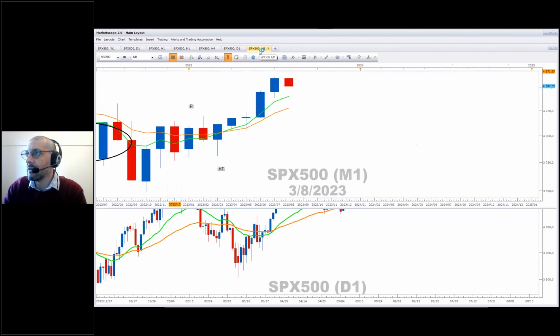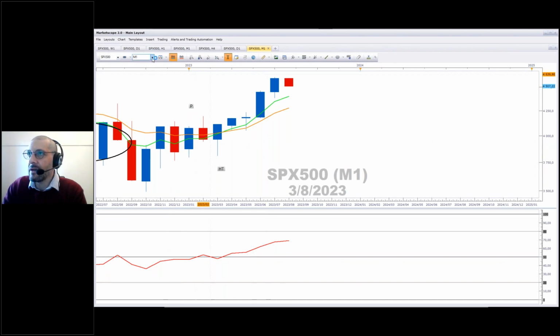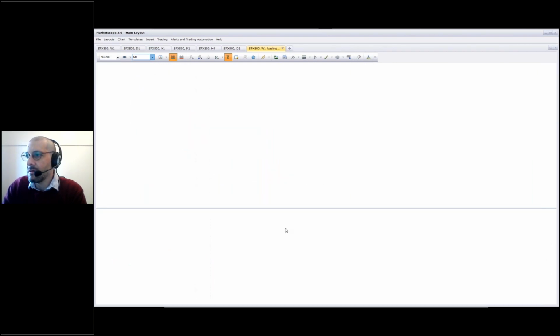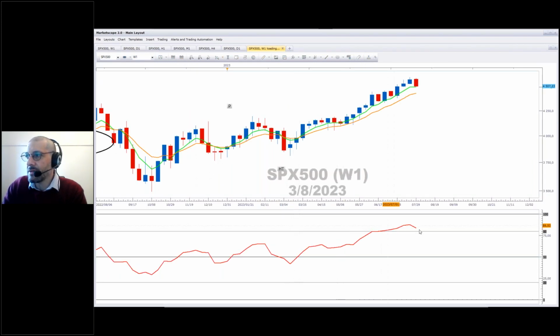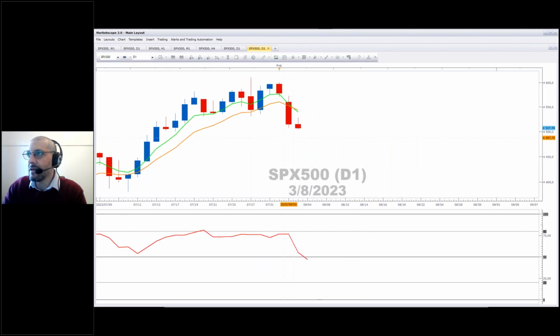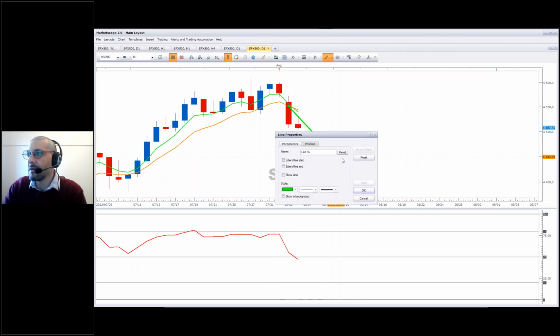We go down to the weekly. Weekly says we're overbought, so we want the overbought condition to clear, and we'll watch to see if we can get it to clear. Go down to the daily. It's crossed down, so now we'll watch for the cross up.